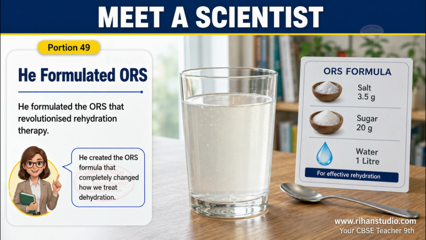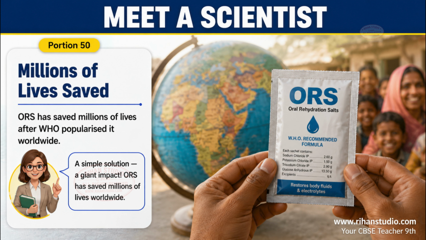He created the ORS formula that completely changed how we treat dehydration. ORS has saved millions of lives after the WHO popularized it worldwide. A simple solution? A giant impact.